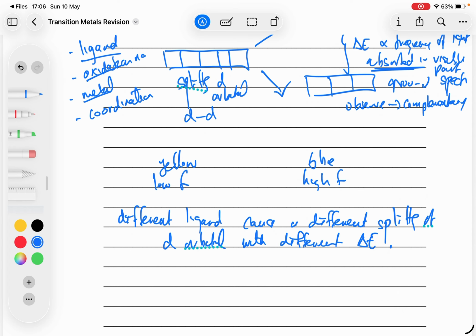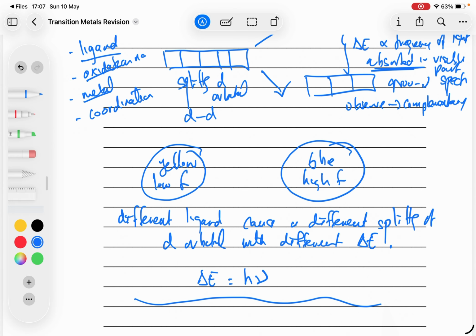And then that energy gap is proportional to the frequency of light. Then you will say that yellow is lower frequency, so one of them is yellow because yellow light is transmitted or reflected, and blue is higher frequency and blue light is transmitted or reflected. And that is a 6-marker question there.